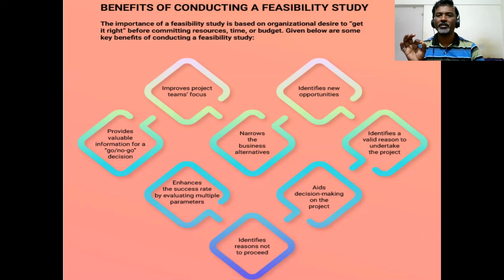So this is one of the parameters through which you can build confidence in the mind of the project development team and the members who are directly or indirectly associated with the project development process. They will get confidence that they will succeed, and indirectly the feasibility study improves the success rate of that application, and identifies reasons not to proceed.